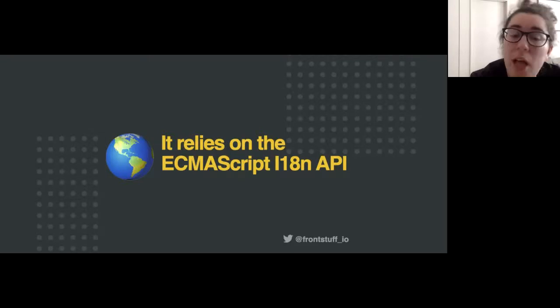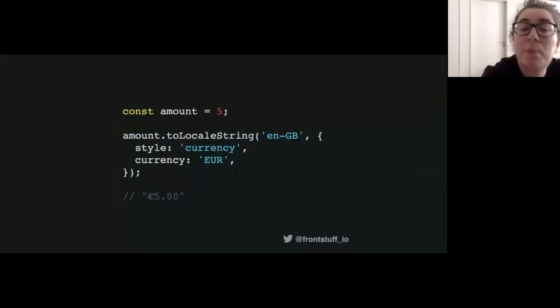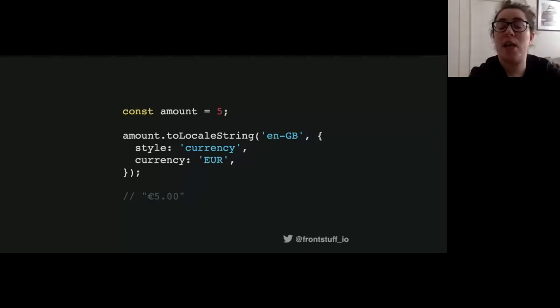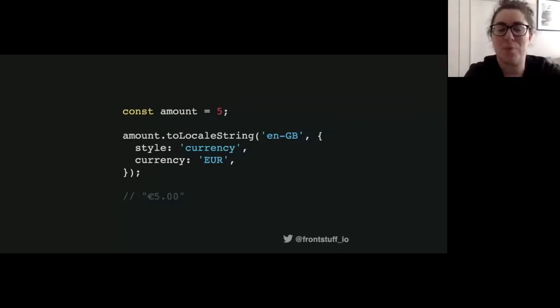And I'm going to rely on the native Internationalization API. So here's what it looks like if you're not familiar with it. This API lets you format numbers as currencies, and many other things than currencies, but you can do that with currencies as long as the currency code is indexed in the ISO 4217 norm, which is already a first limitation.